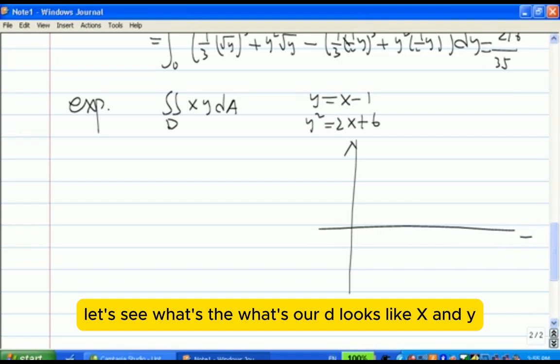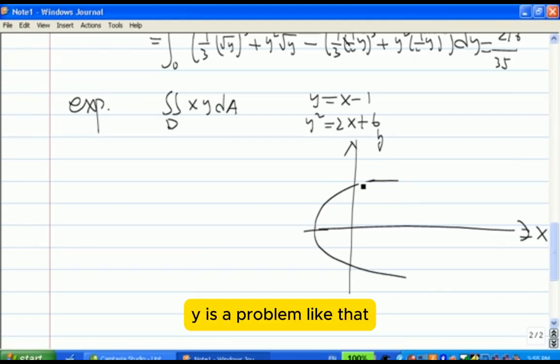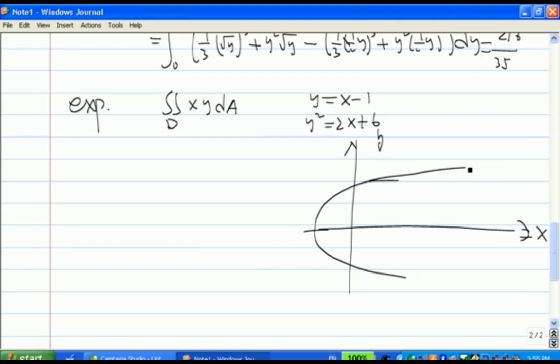First, let's see what our D looks like, in x and y. One is a parabola, like that. Another one is a line.